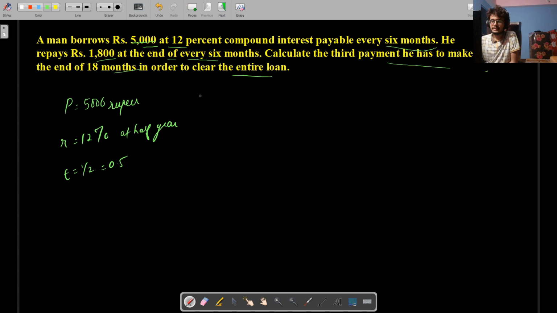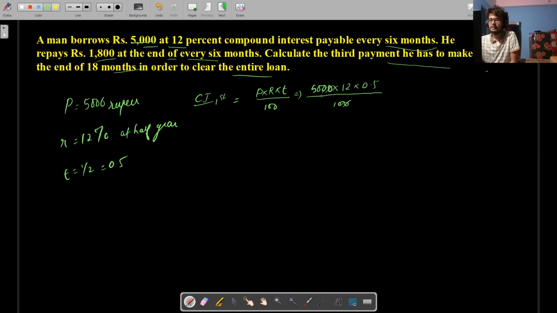Now let us calculate the CI for the first half year. CI is P into R into T divided by 100, which is equal to principal 5,000 into rate 12%, time 0.5, divided by 100.